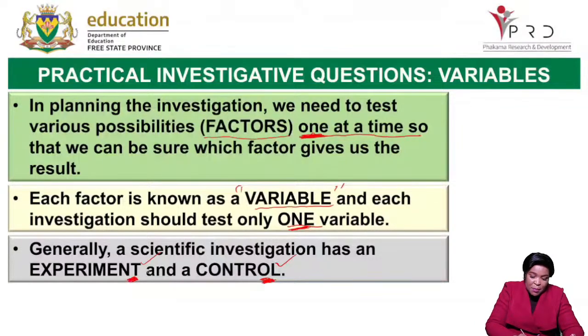And then in your experiment, you will limit the light or not have light in the experiment so that you can investigate that factor as light. So that is how a practical investigation is structured. You must have your factors and have one that you are investigating, and that one is called a variable.